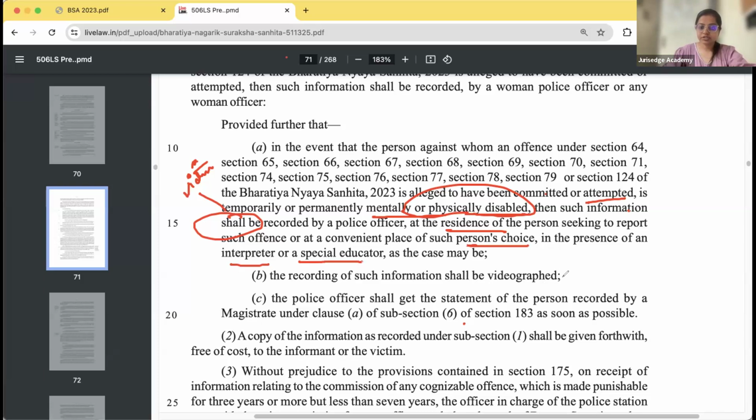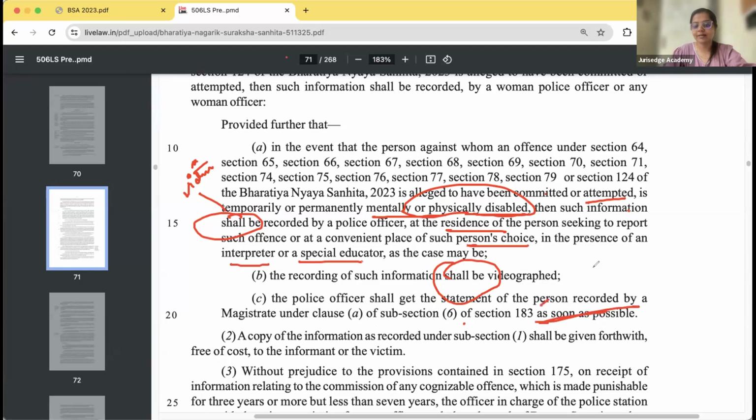The recording of such information shall be videographed. The police officer shall get the statement of the person recorded by a magistrate under clause A of subsection 6 of 183 as soon as possible.